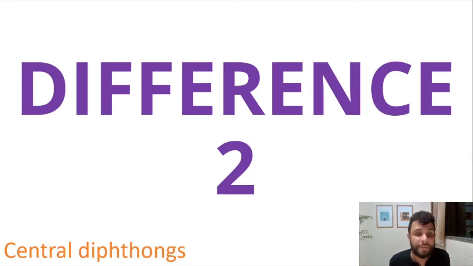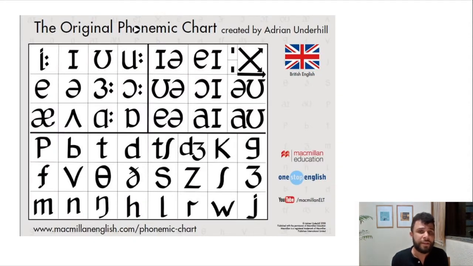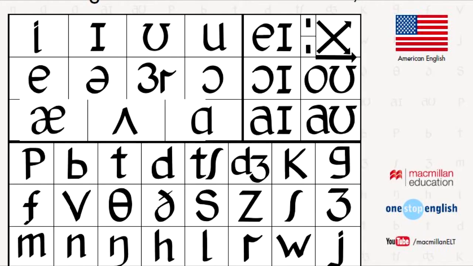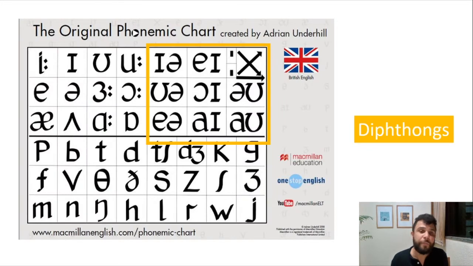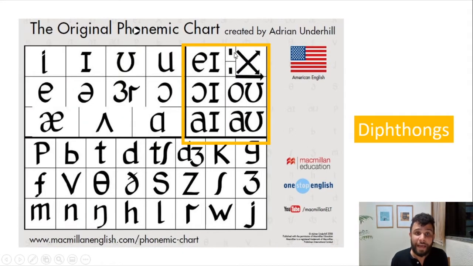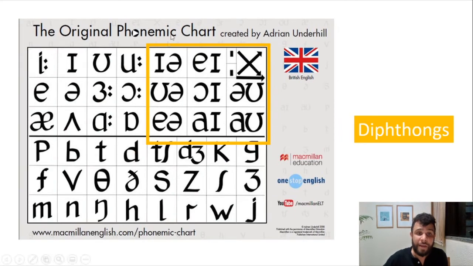Difference number two, central diphthongs. Whenever you look at these two charts, another thing you can notice is that there are more sounds in the British phonemic system and fewer sounds in the North American phonemic system. This is basically because of diphthongs. Whereas in the British version we have 3 columns of diphthongs, in the North American version we only have 2. In the first column, we have what we call central diphthongs.